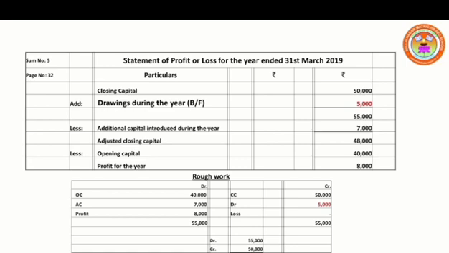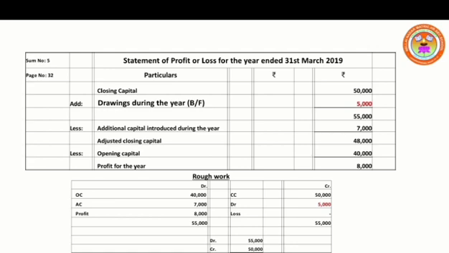Now, move on to the rough column. I already told in the previous sum itself, if closing capital, drawings or additional capital is the missing figure, you can use this formula. Since it is rough work, you can use short forms. What are the three items that appear under the debit side? OC, AC, profit.